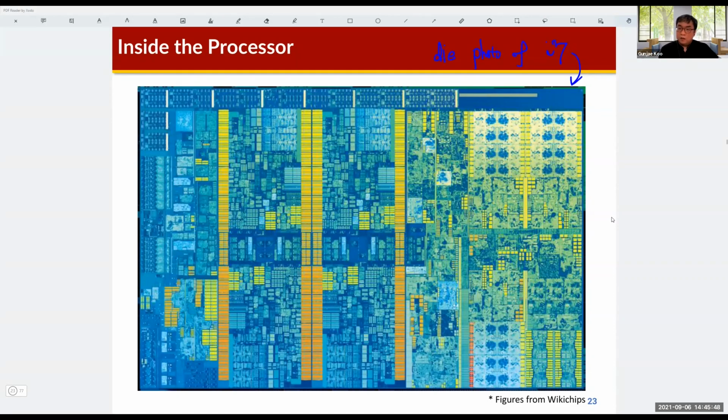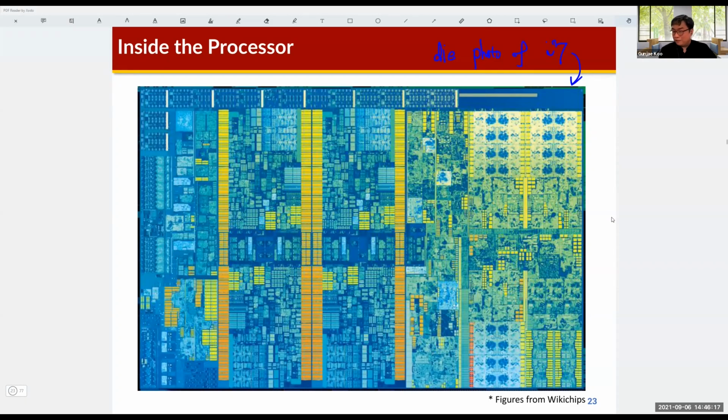For example, the recent Intel i7 used more than a billion transistors. A billion is 10억. So it's a very large amount. So this is a die. There are billions of transistors inside of this processor, this die.